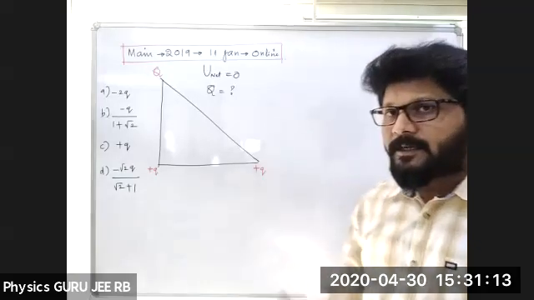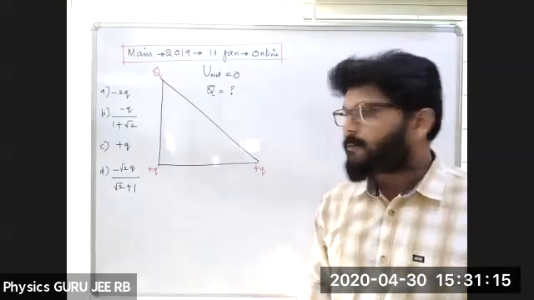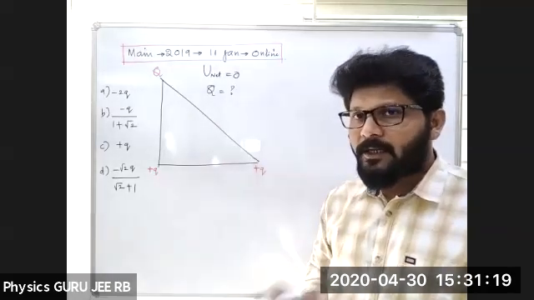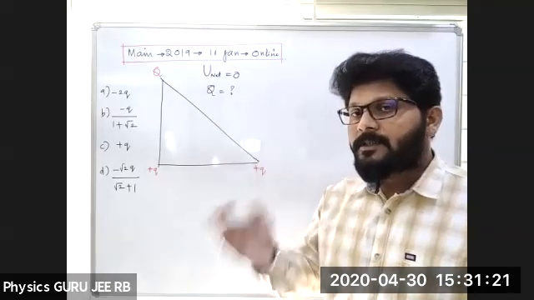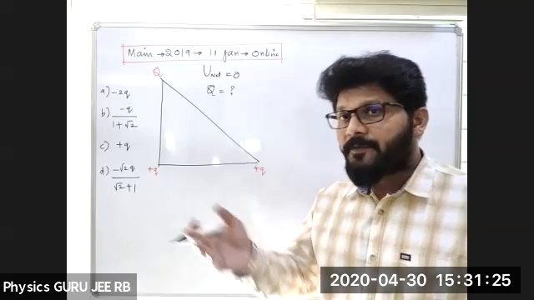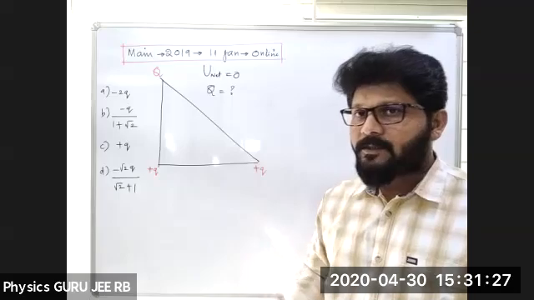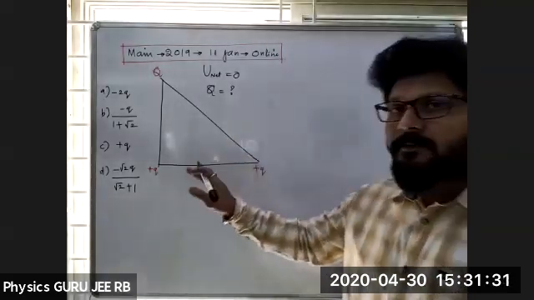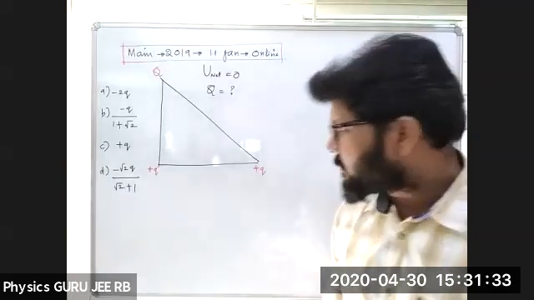Just a theory while we're discussing: when there are 3 charges, we'll have 3 potential energies. 4 charges, 6 potential energies. 6 charges, 15 potential energies. Just now we discussed in the theory, right? So here we'll have 3 potential energies.